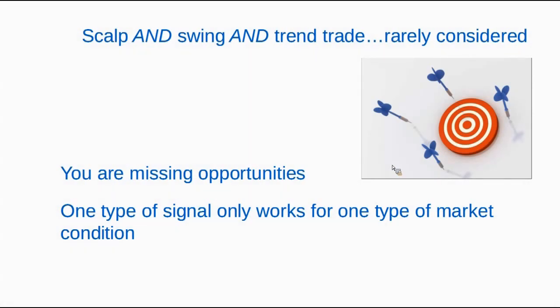But there's two problems with this. The first problem is that you're cutting yourself off from additional opportunities. For instance, if you're only looking to be a scalp trader, that may be all well and good when the market conditions are ripe for scalping, but how many times have you scalped in and out of a trade and watched the market move 10, 20, 30 ticks without you and without giving you a subsequent signal?